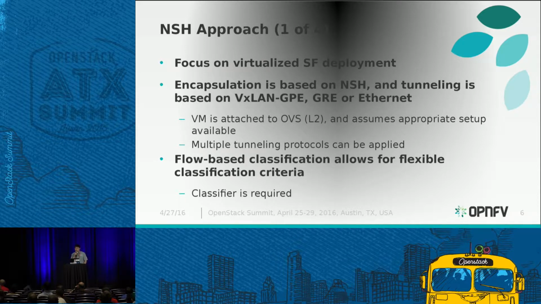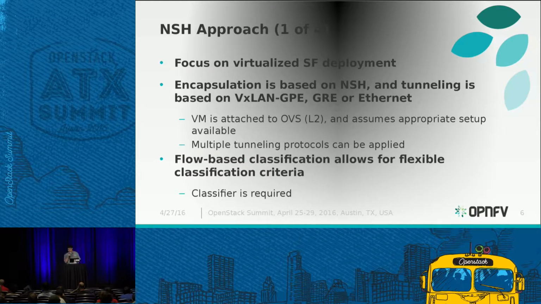In the OVS, I think there's a patch that has already been applied to support that. Multiple tunneling protocols can also be applied in addition to VXLAN GPE, etc. They need the classifier, called flow-based classification, which is needed for flexible classification criteria. For example, the classifier usually uses GBP, the group-based policy, as a classifier.